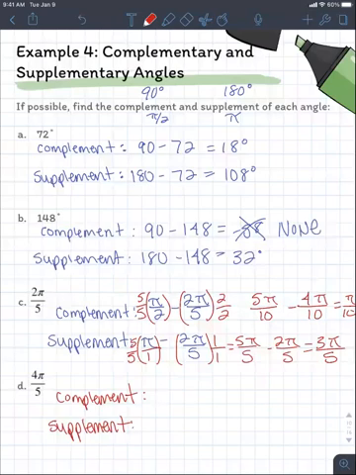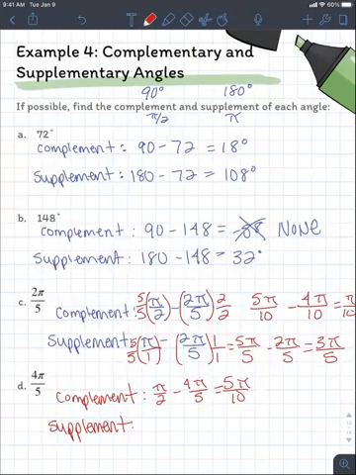I didn't get answers from everyone, so feel free to try to beat me to the answer before I get it, because I'm obviously going to write on the work as well. So for the complement, you're doing pi over 2 minus whatever the angle is. So in this case, it'll be pi over 2 minus 4 pi over 5. Wait, just kidding. 5 pi over 10 minus 8 pi over 10.